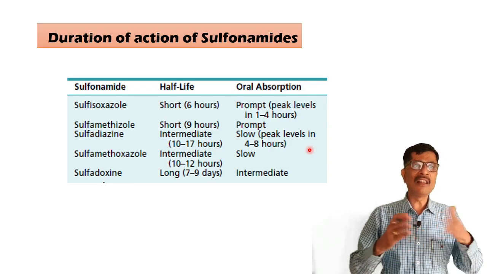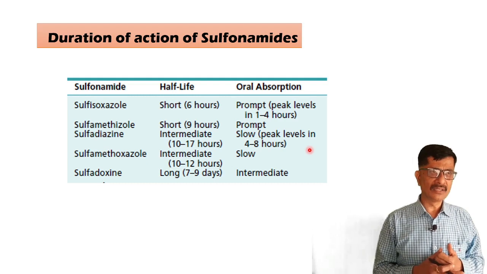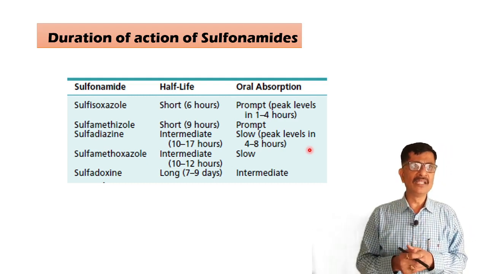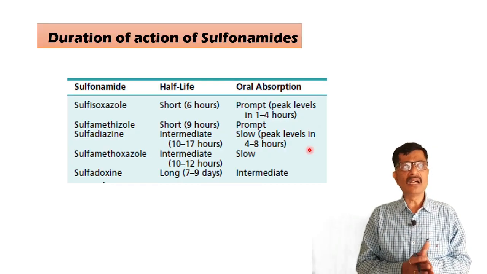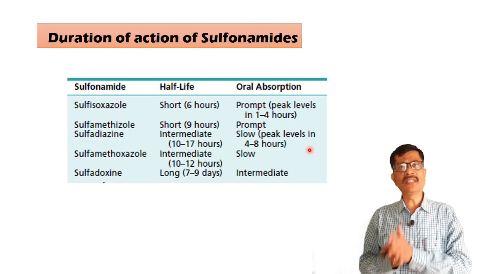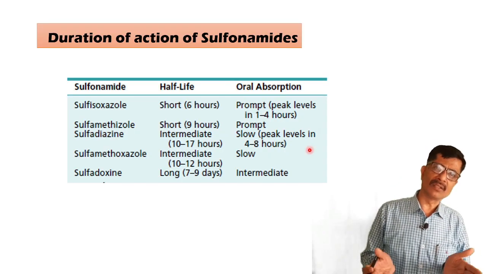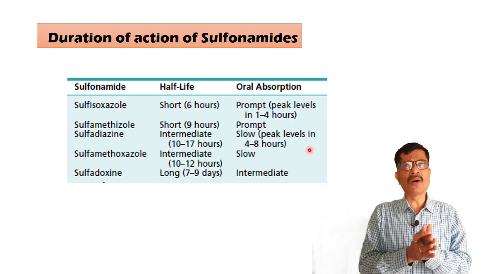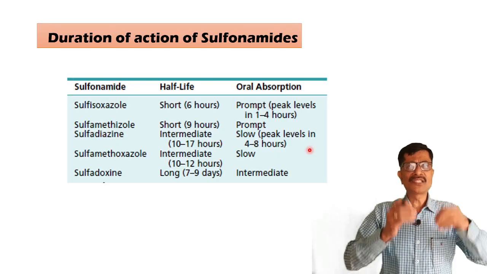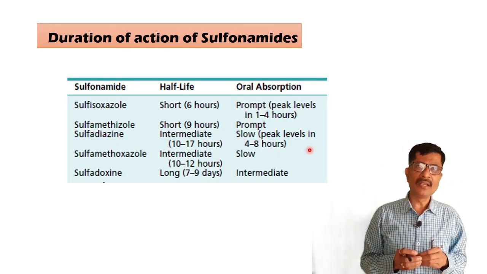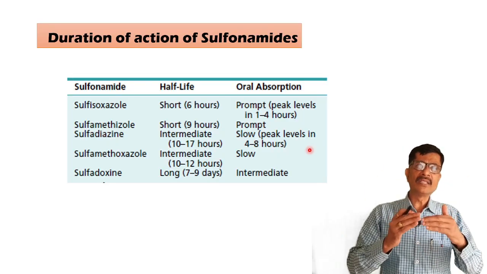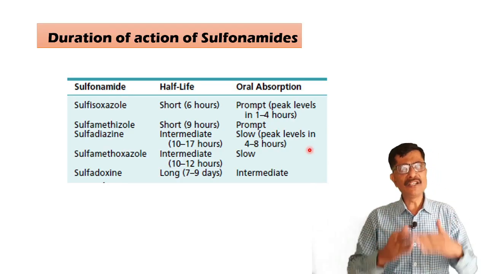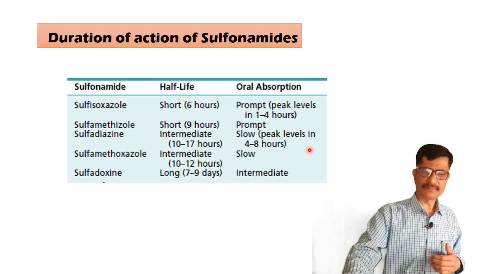So these are the long acting sulfonamides. So the duration of action of a sulfonamide will be dependent upon its rate of absorption and rate of elimination, or in other words, how long the drug will remain in the body above its minimum effective concentration. Till then it shows its action.